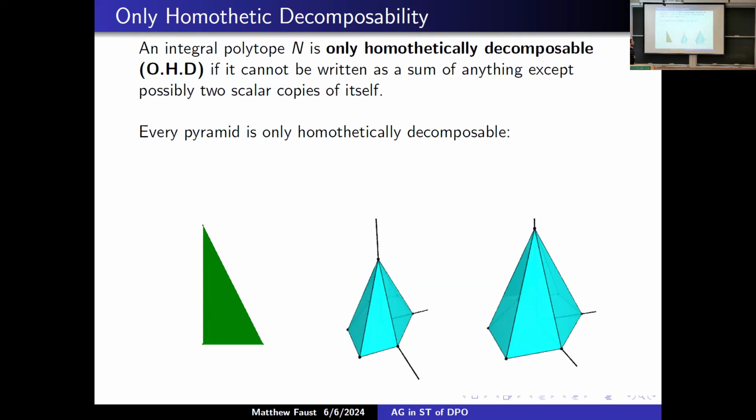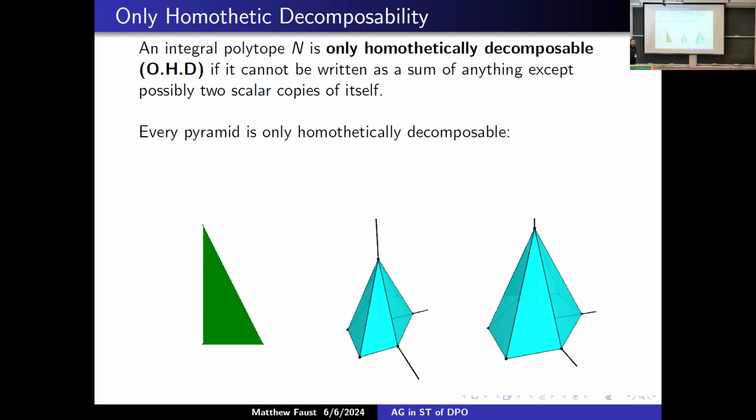So take, I guess, your favorite linear hyperplane and take a finite collection of integer points on it, and then take some point off that hyperplane and take the convex hull, and you get a pyramid. The most obvious example is a triangle. So here we took 2 points on a line, took a point off the line, took the convex hull.